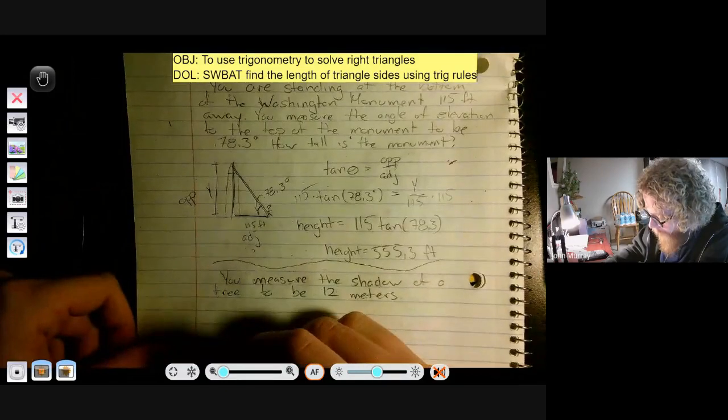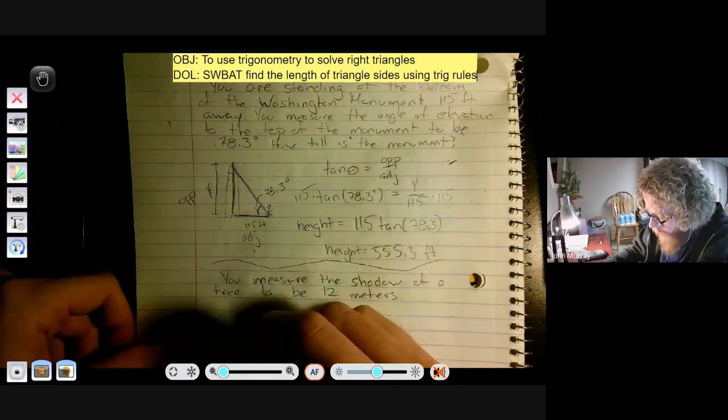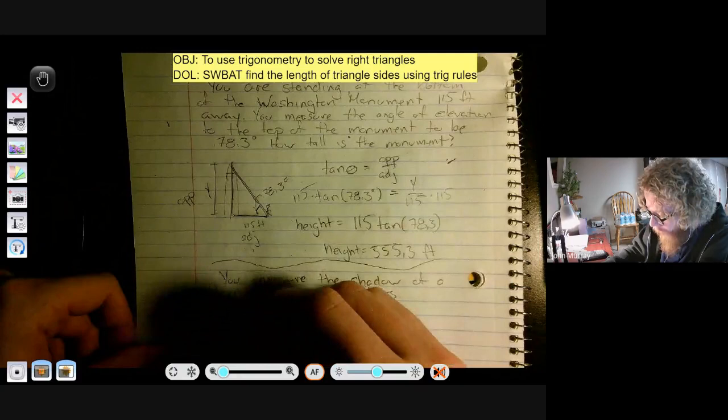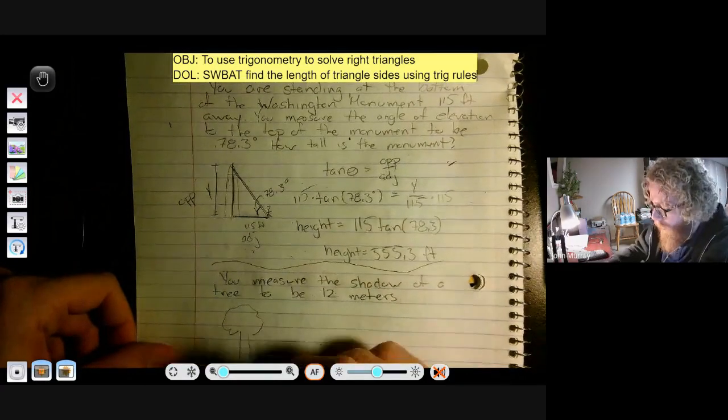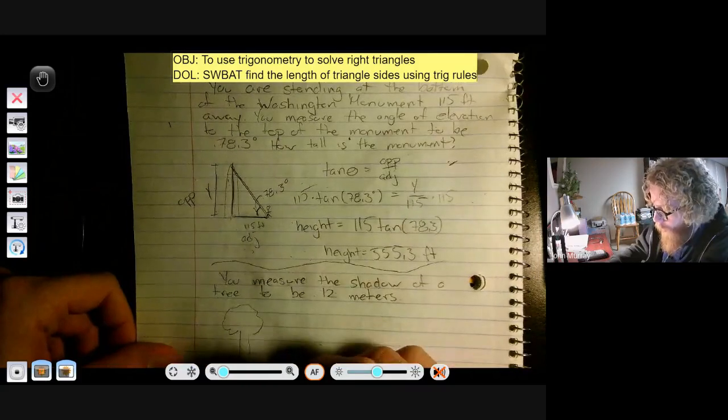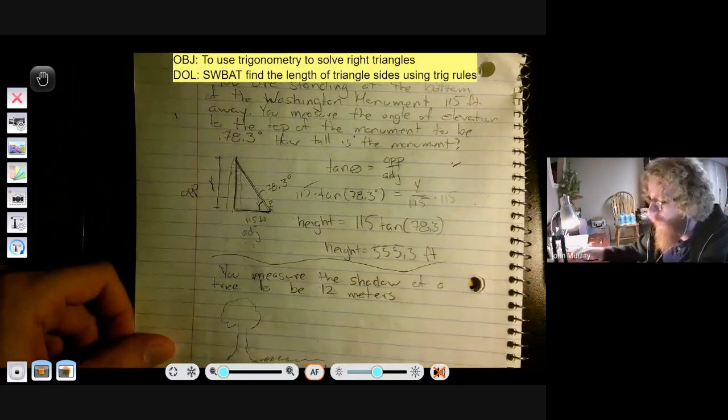All right. So this is actually pretty interesting because I'm going to tie it into something cool in a second. So we got a tree, and it's casting a shadow, right? You measure the shadow to be 12 meters long.